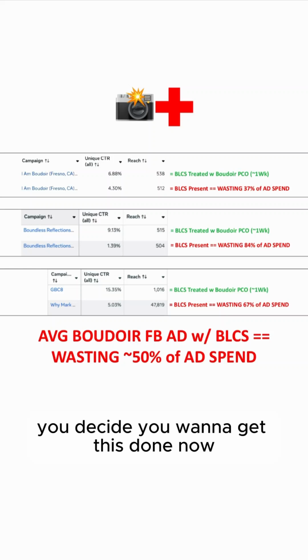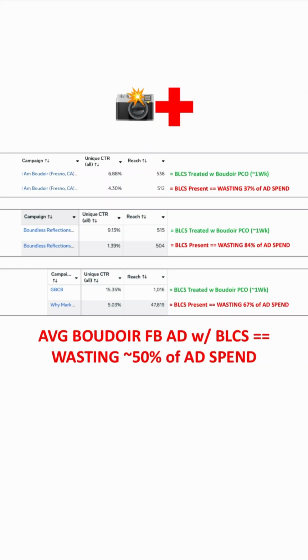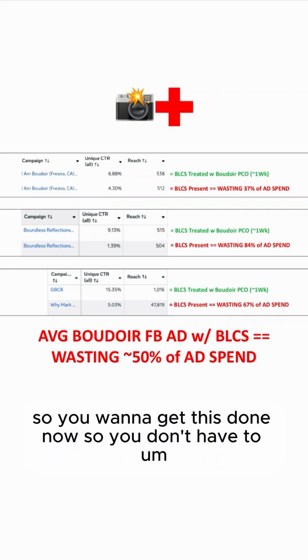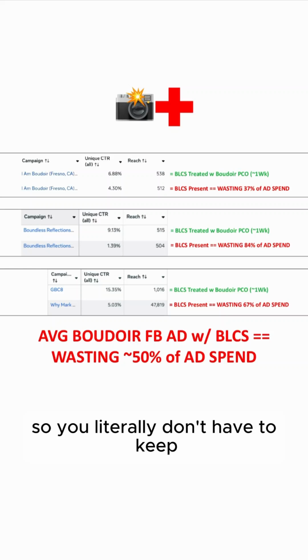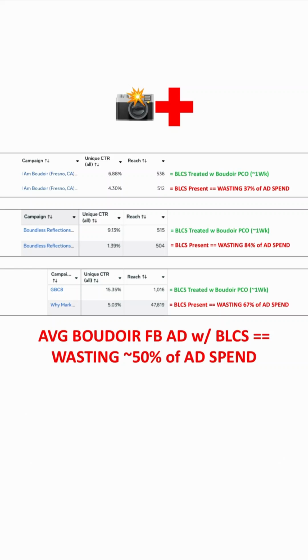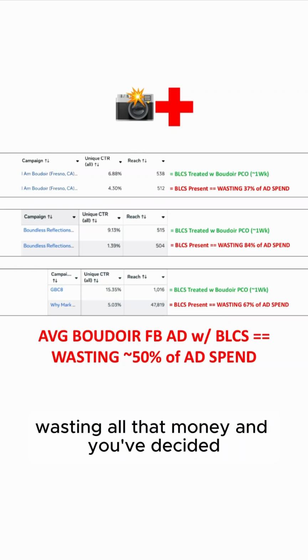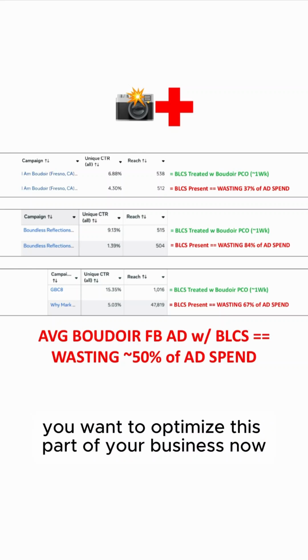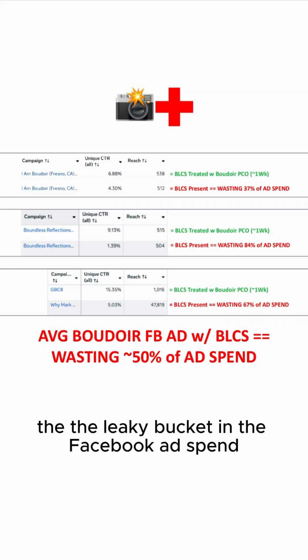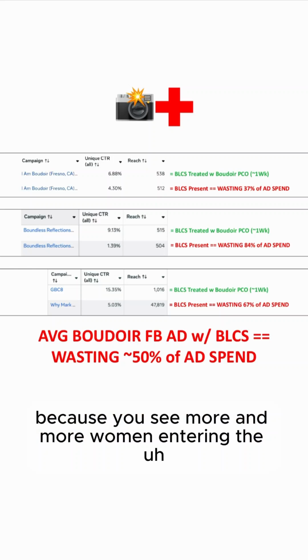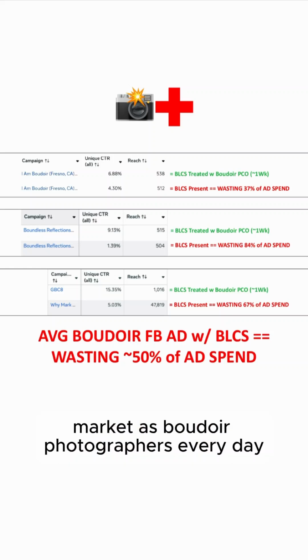And you decide you want to get this done now, so you literally don't have to keep wasting all that money, and you've decided you want to optimize this part of your business now, pull the money out of the leaky bucket in the Facebook ad spend, because you see more and more women entering the market as boudoir photographers every day.